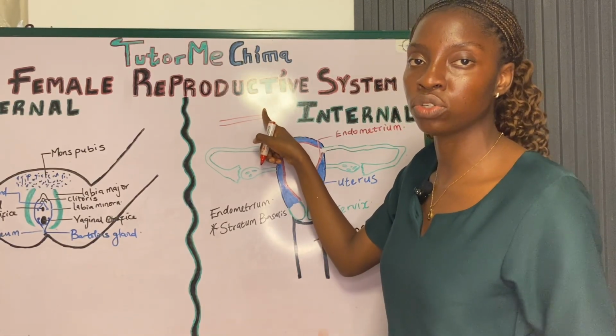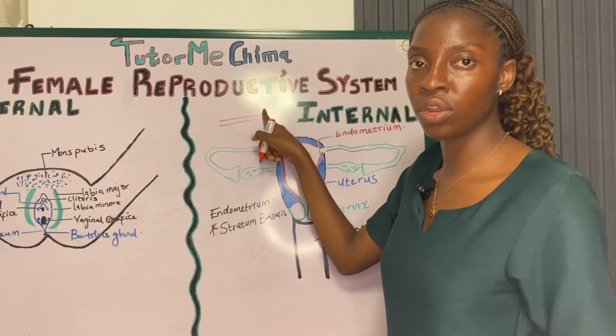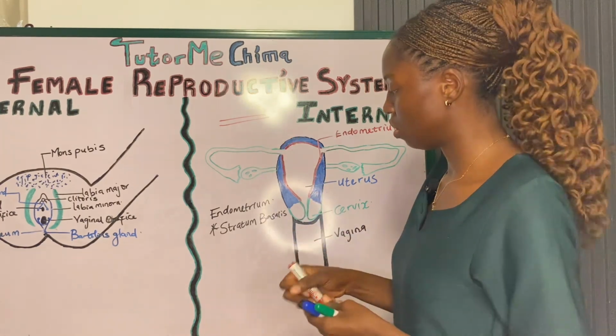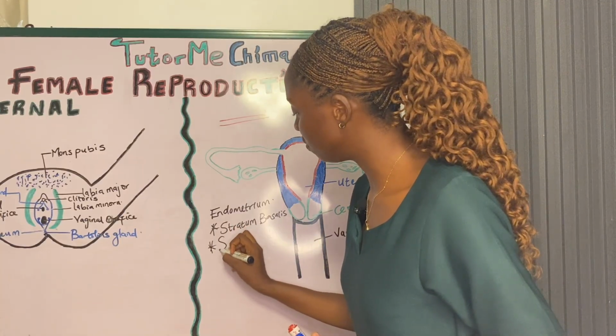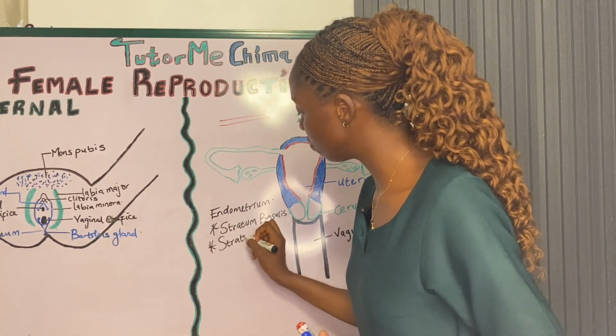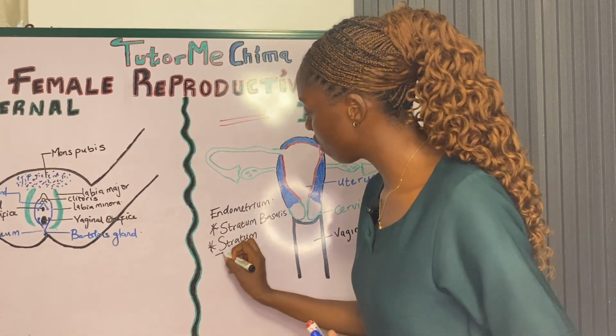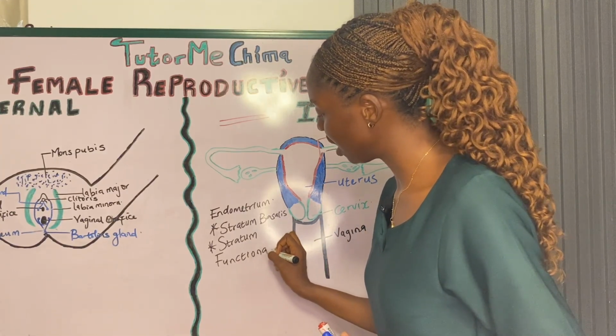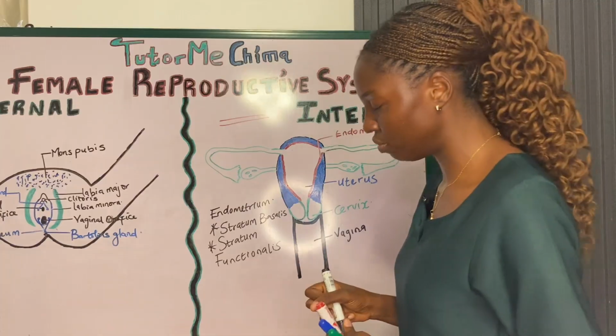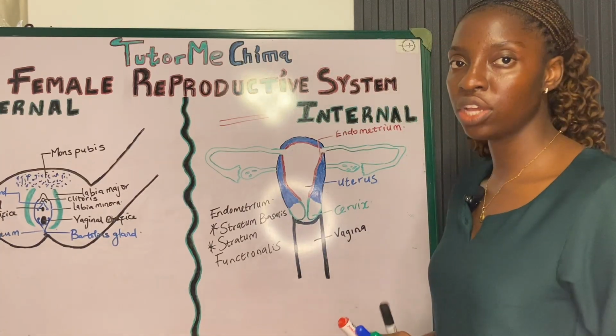And it's that stratum functionalis that is actually being shed off during menstruation. Okay, so just take note. The endometrium is divided into 2, stratum basalis and stratum functionalis. The stratum functionalis is the layer of the endometrium that is actually being shed off.